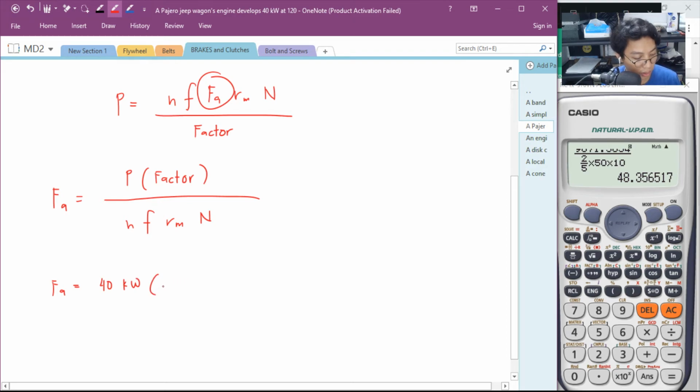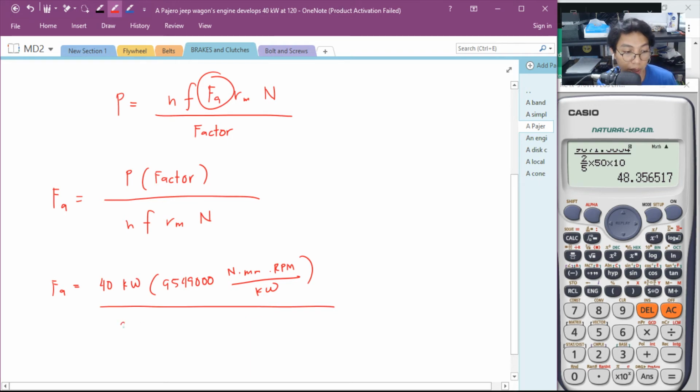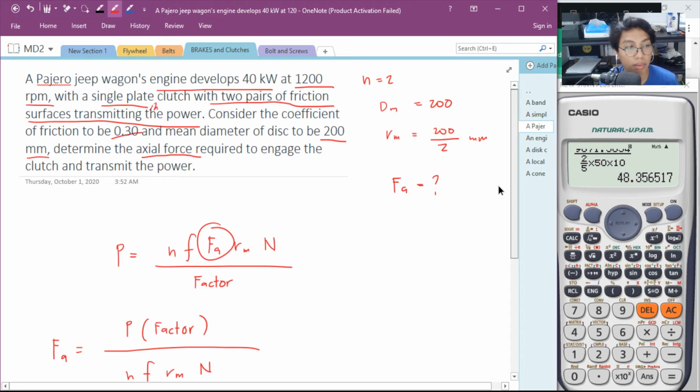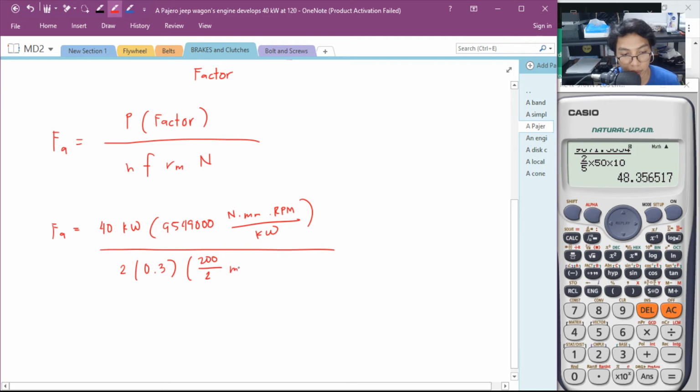Coefficient of friction, hindi na kailangan, mamaya pa, factor 9549123 Newton millimeter RPM per kilowatt divided by N. The number of pairs, dalawa. Tapos coefficient of friction, 0.3. RM, 200 over 2. Ano yan? MM ba yan? Ayan, mm, millimeter.